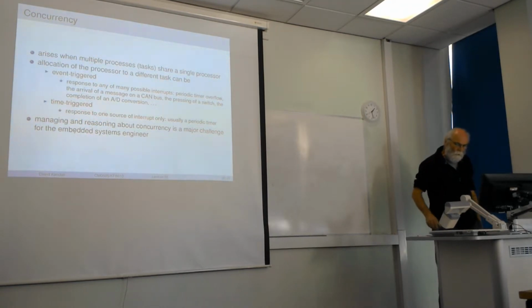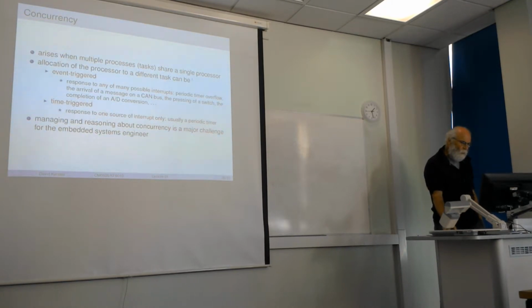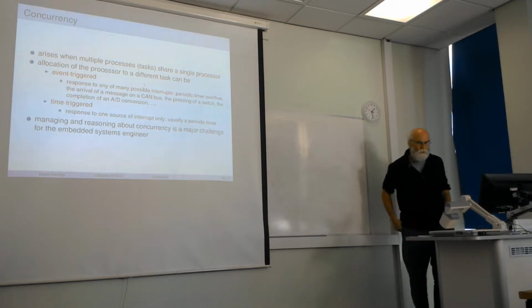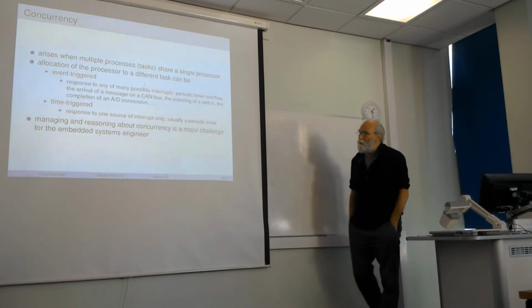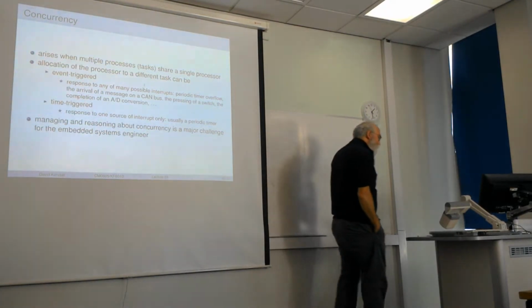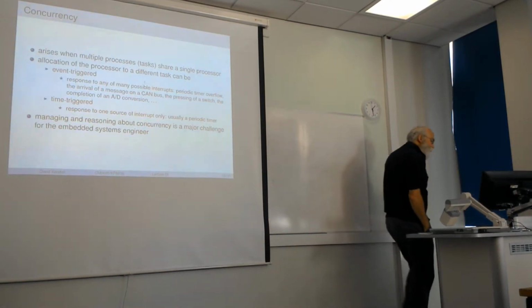Let's focus for the moment on multiple processes sharing a single processor. So, how is the processor allocated to our different tasks? Well, one possibility is that we allocate the processor on an event-triggered basis.